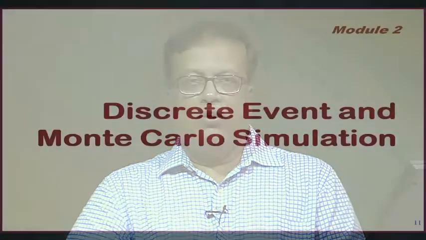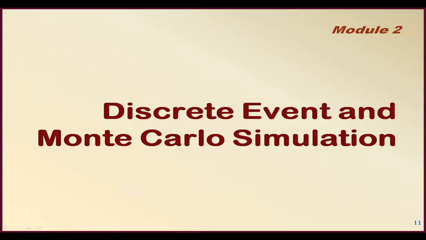In our last class, we got a general introduction on simulation, and we have seen that there are different types of simulation: the discrete event simulation, the Monte Carlo simulation, continuous simulation, all of these. Out of these, our main topic will be discrete event simulation. We will spend maximum time on that particular simulation.